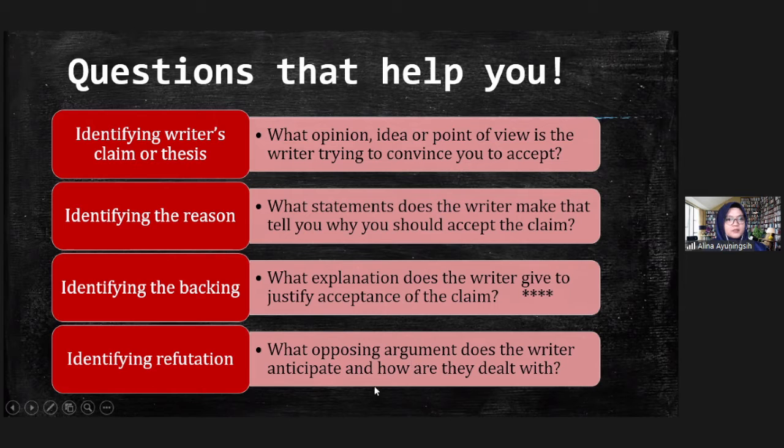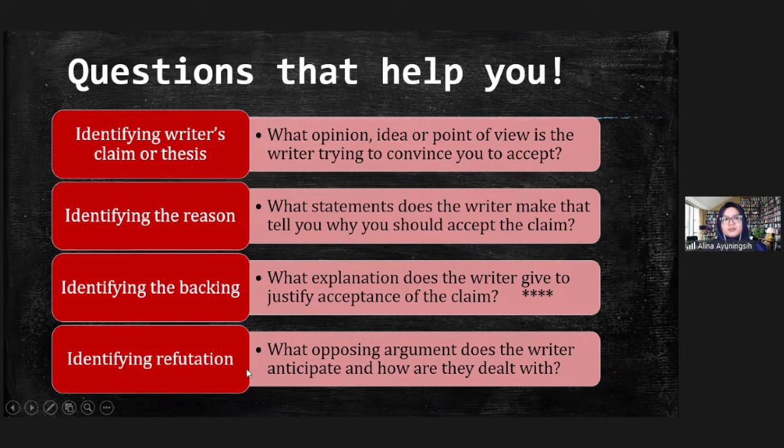Refutation is not a must, but if you succeed in writing a good refutation, it will boost your score, and you will be seen as a professional author, because refutation is not an easy thing to write.